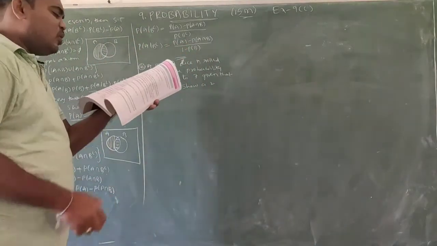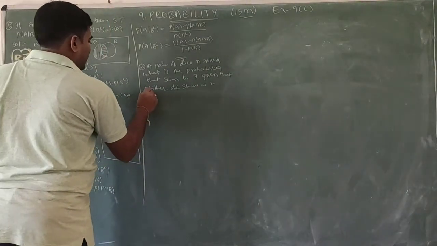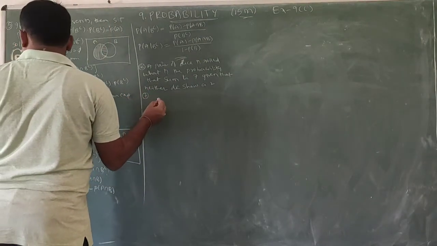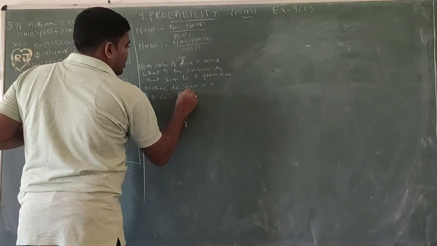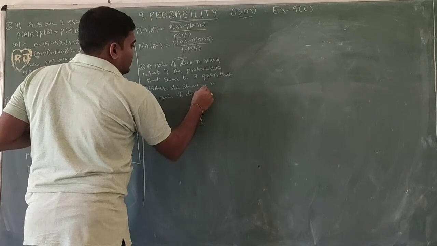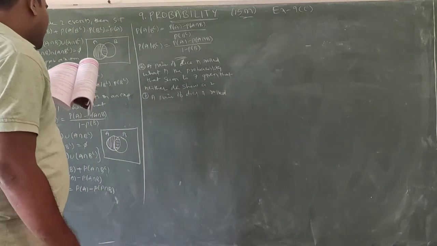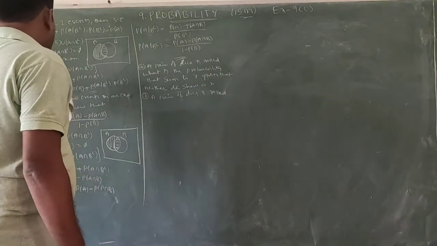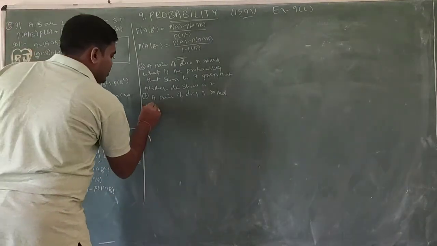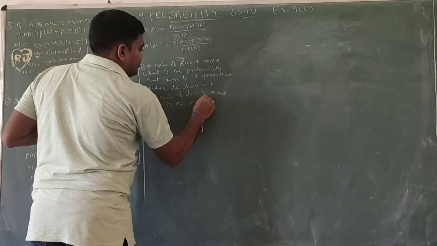Okay, the seventh question is also the same. I will do both at a time. So seventh, a pair of dice is rolled.